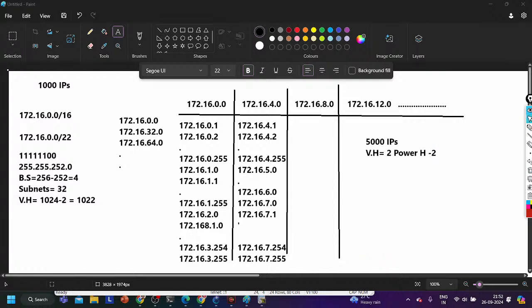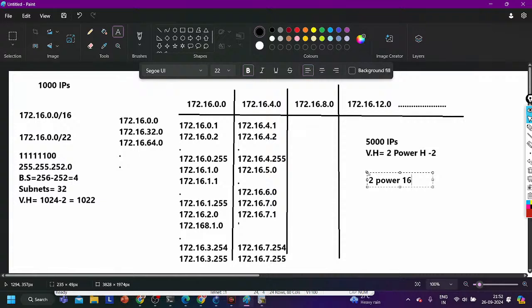This is subnetting. Here you have to use an IP address from which class? I can use IP from class B. But if I need 1 lakh IP addresses, then I have to use IP from class A. From class B you can get up to 2^16 IP addresses.